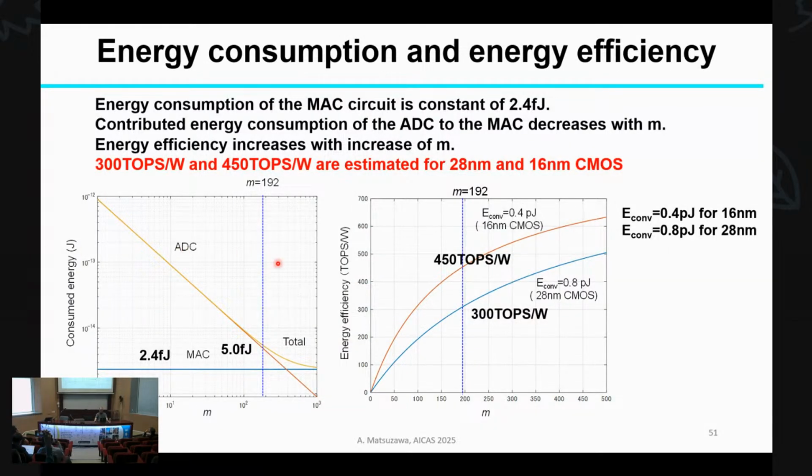By using this method, maybe we can realize a very high energy efficiency such as 450 if we use a 16 nanometer chip. This energy is very scalable with technology scaling.